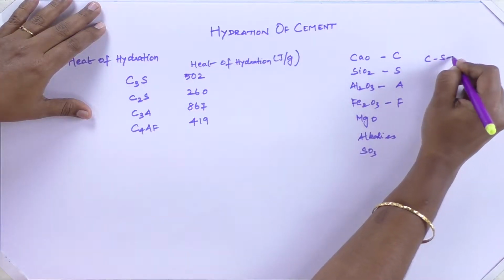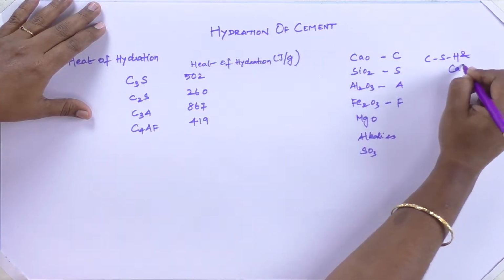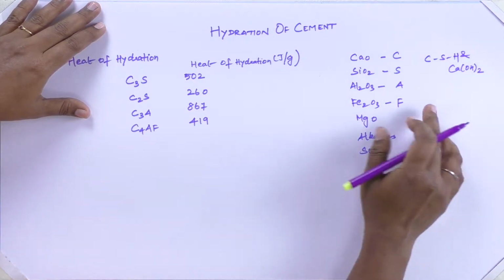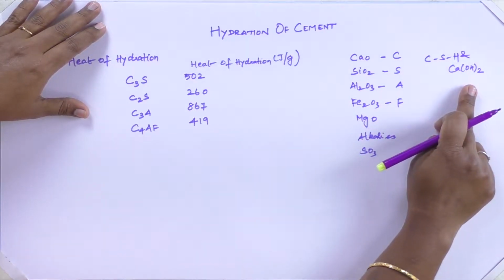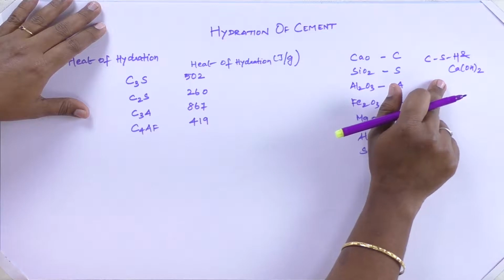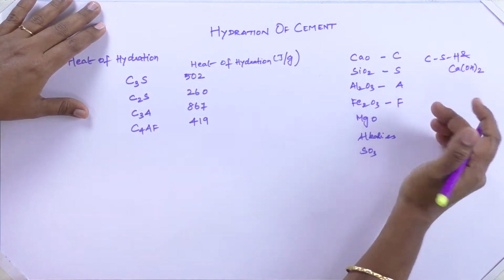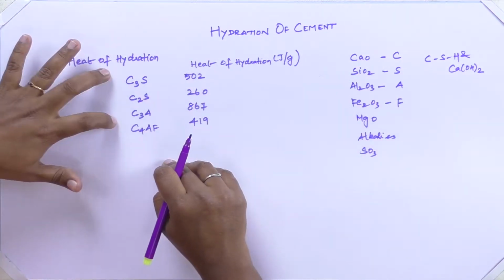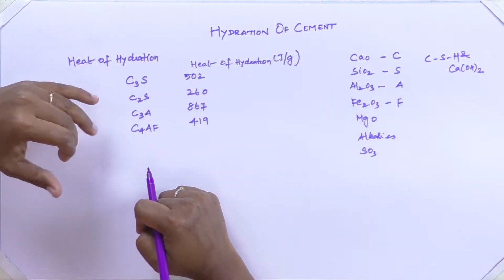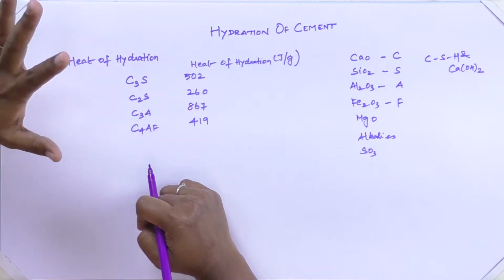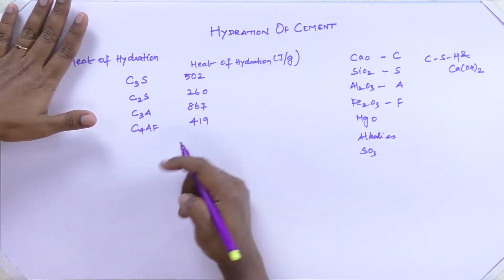The next stage is the hydration process, and in that hydration process we get the end products CSH and CaOH twice. CSH gel and calcium hydroxide are the end products of any cement hydration. And I told you that by varying this compound composition, we get different types of cement. It is the flow chart which I showed you in the previous lecture.